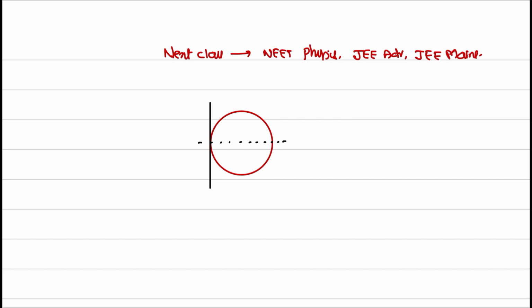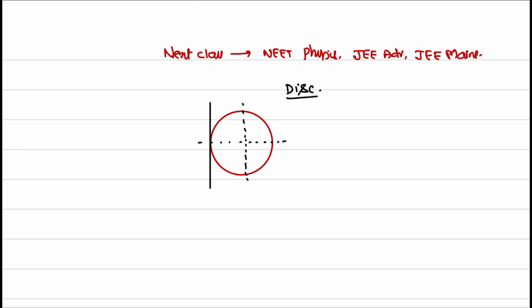Instead of a circle, we call it a disk, because on the basis of this concept there was a question asked in NEET. Please try to answer this.